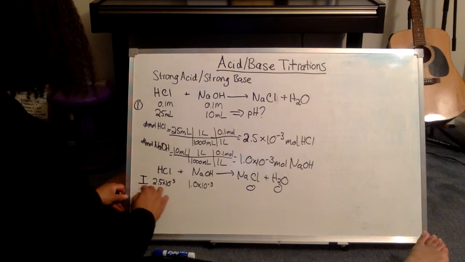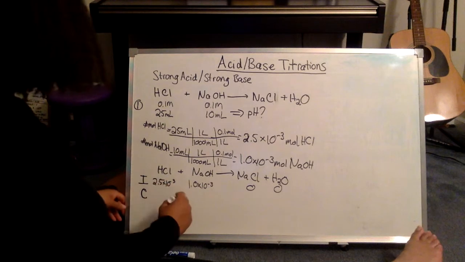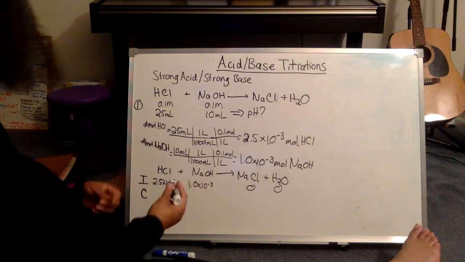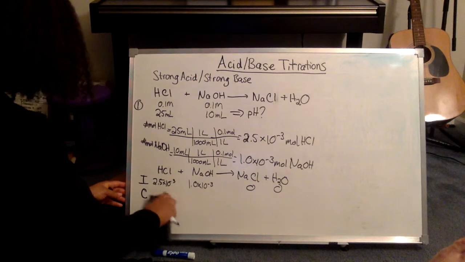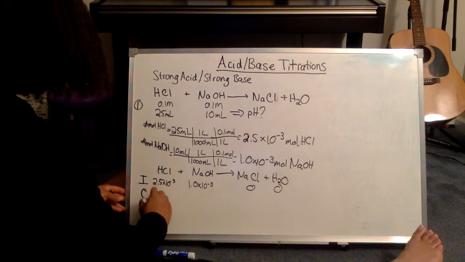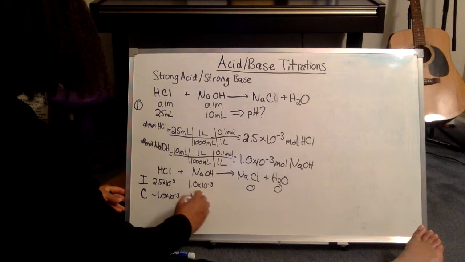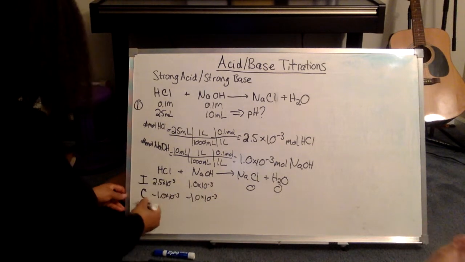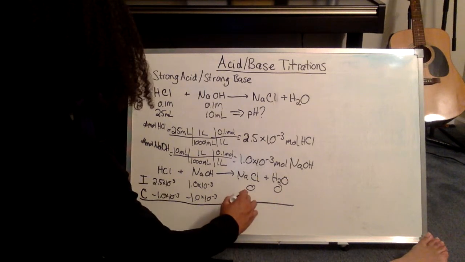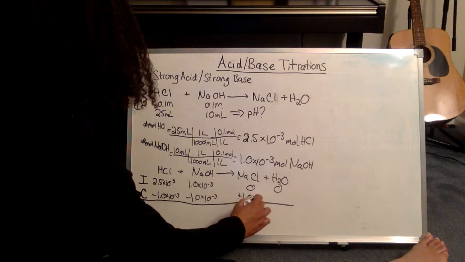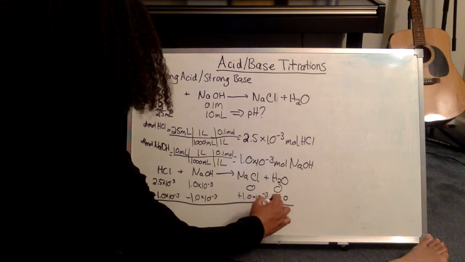The change is that all of the sodium hydroxide is going to be consumed, so the change is minus 1.0 times 10 to the minus 3. We're not concerned about this really, but for completion, this is supposed to be a plus.